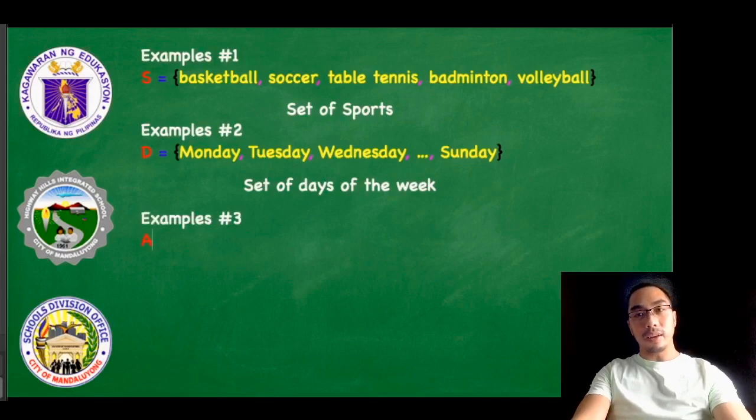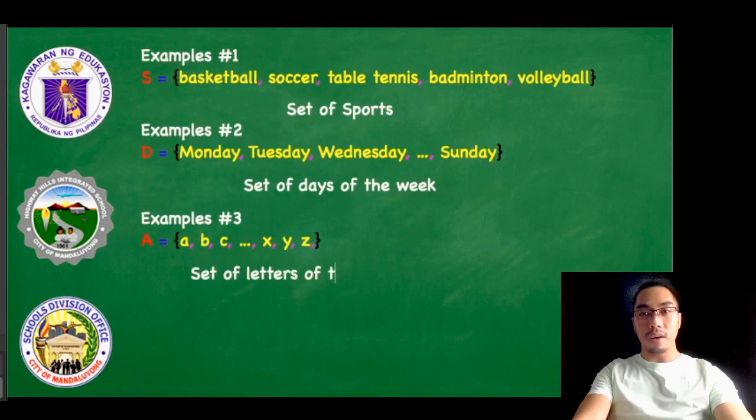Now let's have another example. Set A is equal to, the elements are A, B, C, up to X, Y, and Z. Now, can you describe this kind of set? This is the set of letters of the English alphabet. Now let's take the last example.